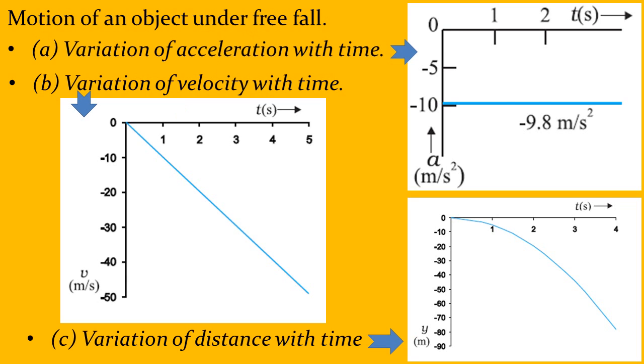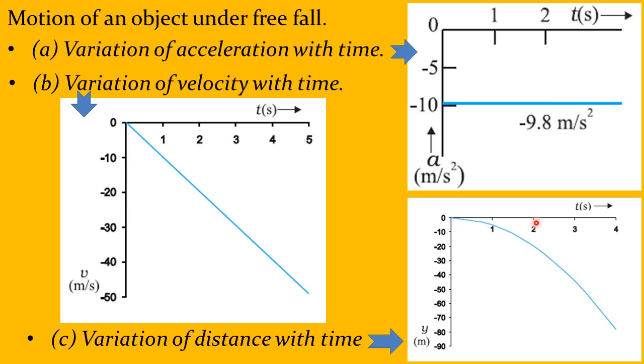Third, I have the variation of distance with time. I have t on the horizontal axis and the distance on the vertical axis. This is the top of the Tower of Pisa and this is the bottom here. Now in the first 1 second, the distance traveled is this much, say probably minus 10.